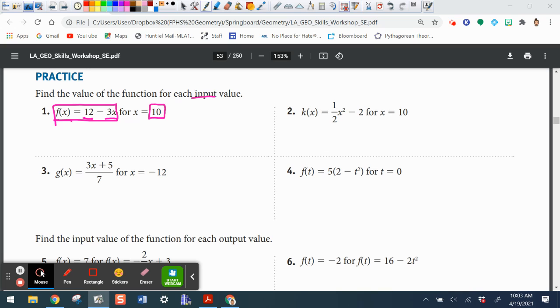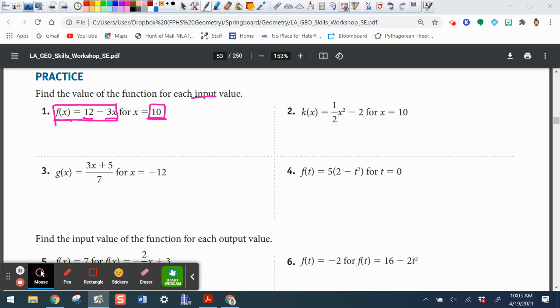Typically in algebra, an input and output creates a coordinate, and then you graph that coordinate, and it represents a graph of the function. But for the sake of this practice, we're just going to work on evaluating the function given this input. So essentially, we're going to replace x with 10.